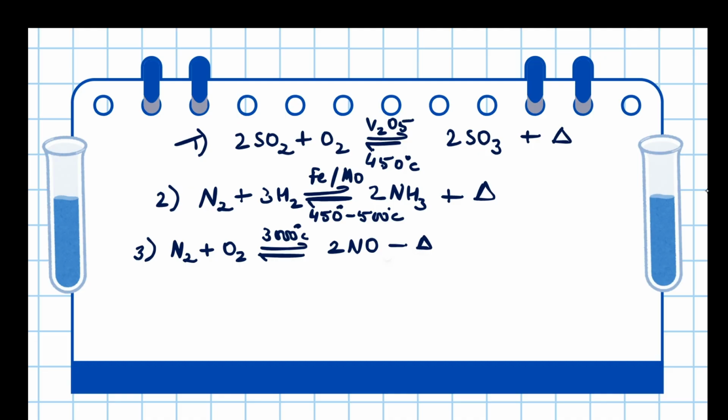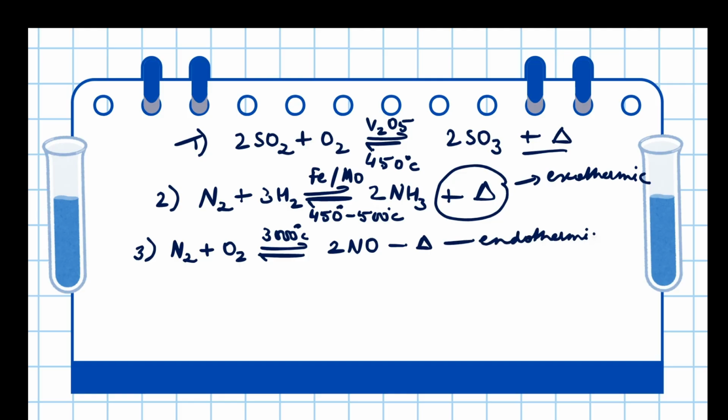So whenever you are writing the endo and exothermic reactions, please be very clear with the symbol which you are going to write. The plus is for the exothermic reaction, and the negative sign is for endothermic reactions, that is, absorption of heat energy is taking place.